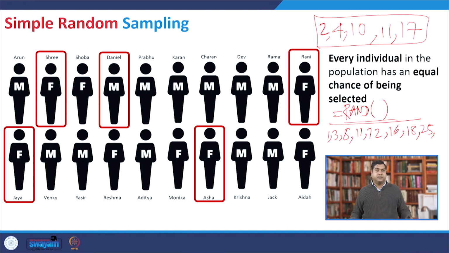In such cases simple random sampling will not work, because as per your random number generator, the numbers generated may all be male, or all from a certain age group, because it is random.